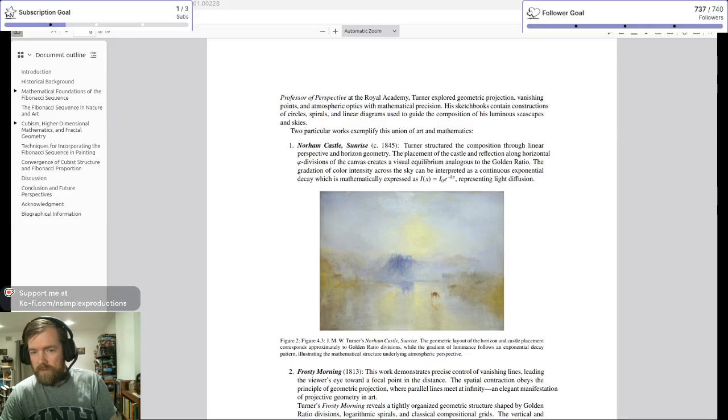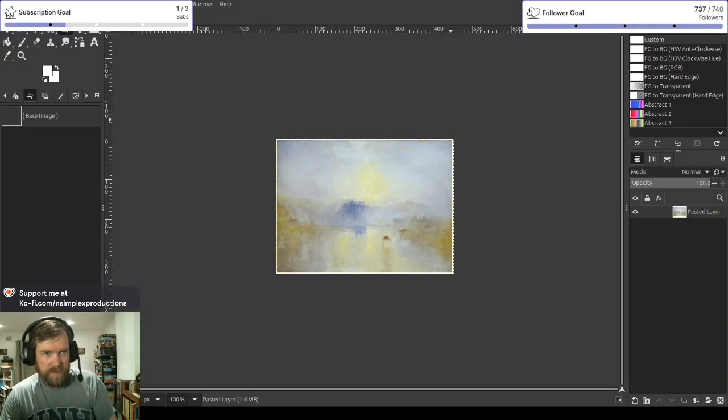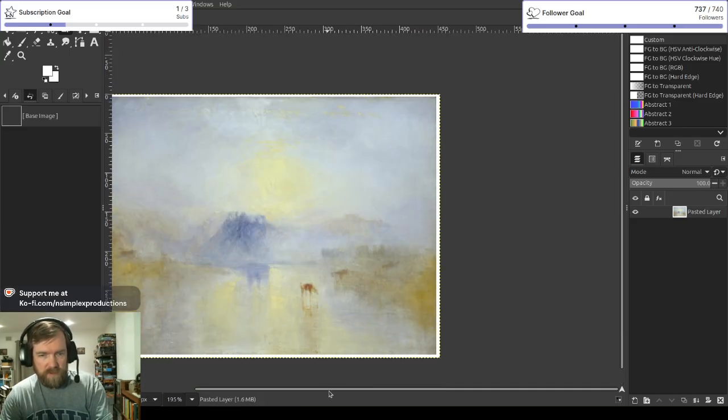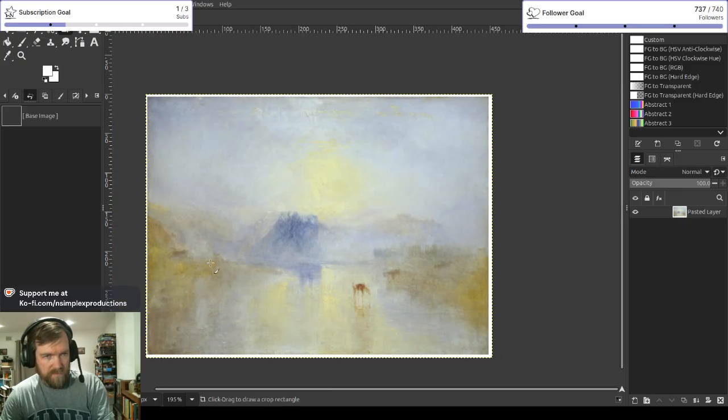Okay, so let's figure out what this is doing. So, window capture is going to switch over to GIMP. Okay, and then we are going to control zoom. All right, who knows how to use GIMP?